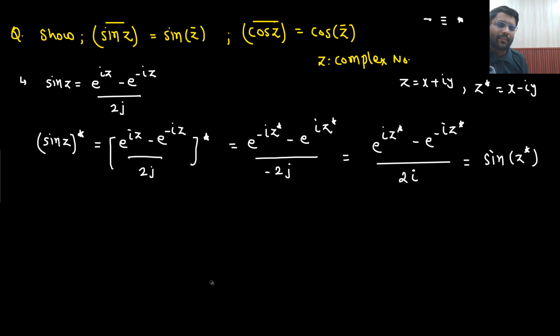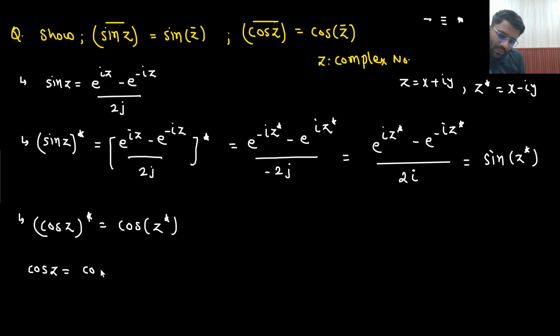Why is that so? Without even doing all this process, you can directly write down the answer, that cos z whole conjugate would be equivalent to cos z conjugate only. Why is that so? Why is it certain? Because what is cos z? Cos z is nothing but cos of x plus iota y. Now you are taking the conjugate of this number.